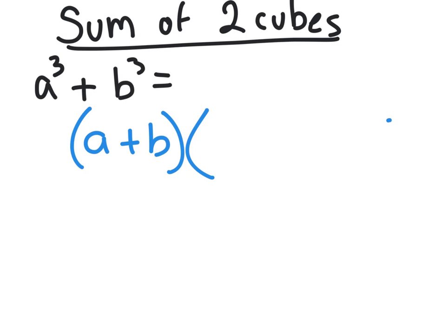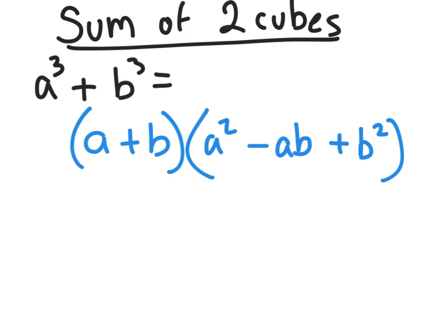And the trinomial over here, it's going to be A squared, there's going to be an AB right in the middle, and a B squared at the end. You're going to have to memorize this. And let me tell you this right now. If you started off with the plus, then the middle sign is going to be a minus. And obviously, A squared is positive, and B squared is always going to be positive also.